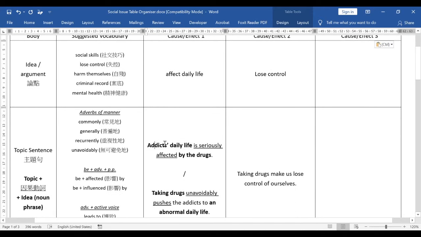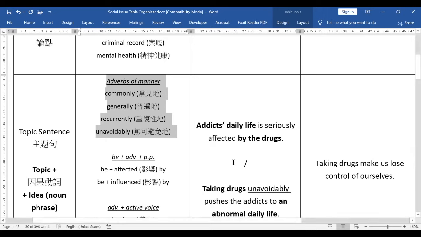It makes it look like your English is much better than other people's, and then your ideas really carry your meaning. Especially for some of you who are already really good at IELTS, you could try to get your message across with the help of these adverbs. So addicts' daily life is seriously affected by the drugs, okay? Or, even stronger, addicts' daily life is recurrently affected by the drugs.